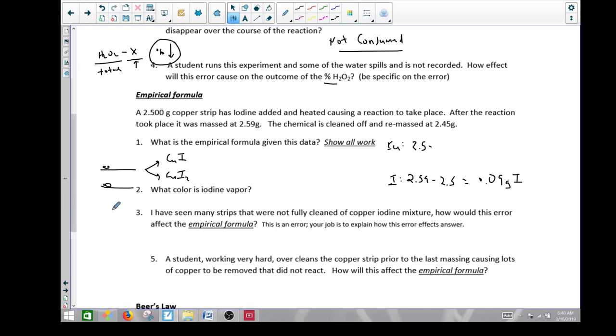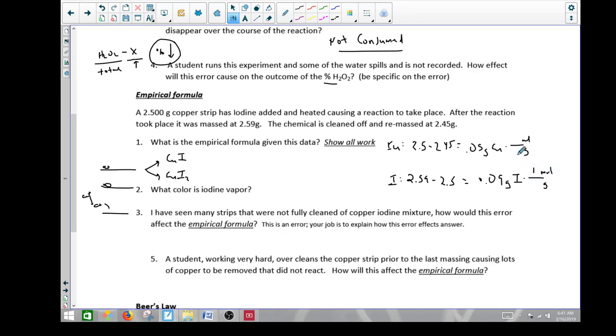Now when we did that, we pulled off the substance. This substance had both copper and iodine in it. So 2.5 minus the 2.45 means now we lost 0.05 grams of copper. So now we're going to flip this over to moles, grams to moles, and we'll start to see potentially our particular ratio.